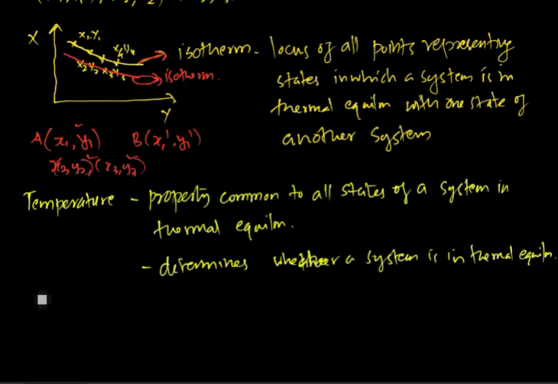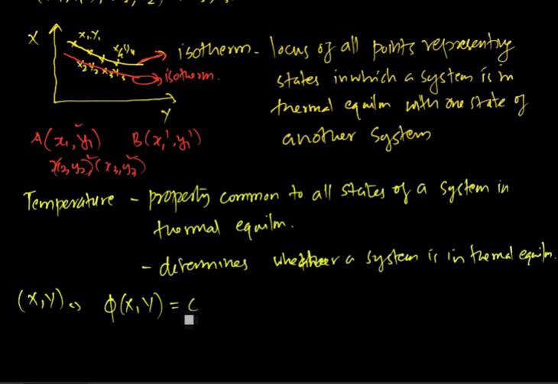So if you consider x and y are the thermodynamic variables of a system, then the equation of state of the system can be written in the form: a function of x and y is equal to some constant, because for the states x1 y1, x2 y2, x3 y3 of system A, which are in thermal equilibrium, I have a common property, or the property is common to all equilibrium states of the system, and that is a constant.